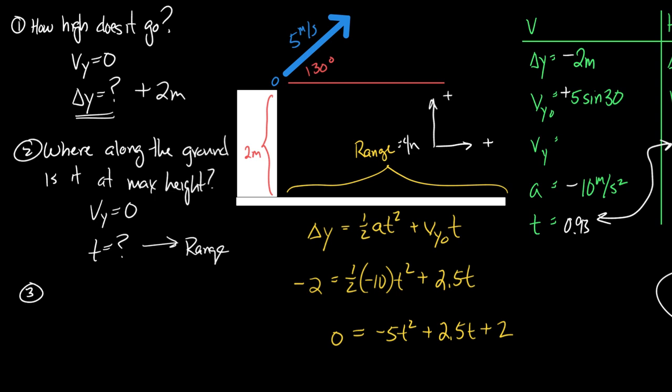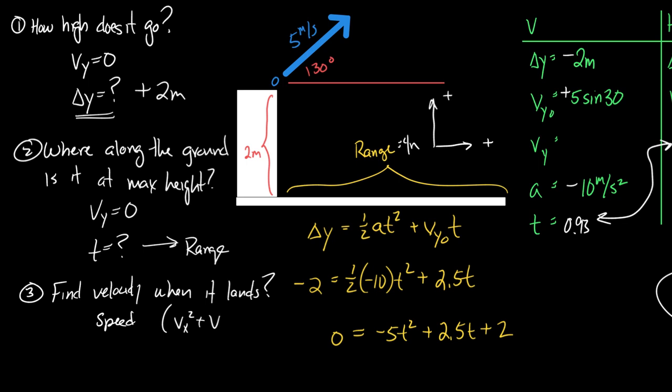But be aware, you could be asked to find the velocity when it lands. If you're asked to find the velocity when it lands, then you're probably being asked for two things, aren't you? The speed, which is probably going to be Vx squared plus Vy squared to the 1/2 power.